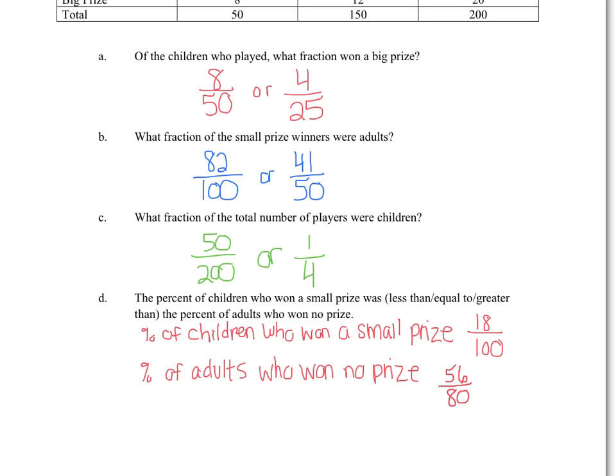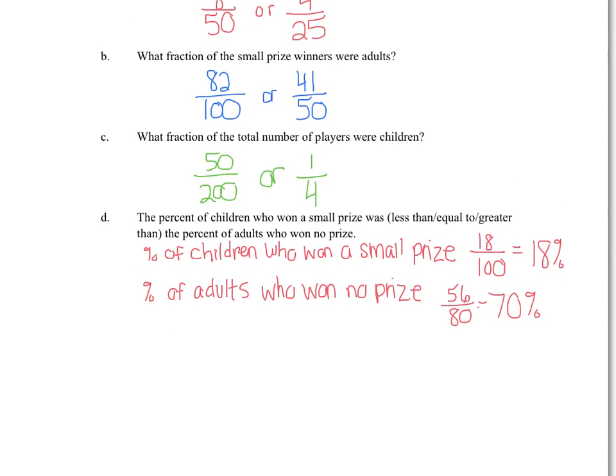Now to make these into percents, we take 18 out of 100, divide 18 by 100, and then multiply by 100, and we get 18%. 56 out of 80, we divide that, multiply by 100, and we get 70%. So the percent of children who won a small prize is less than the percent of adults who won no prize.